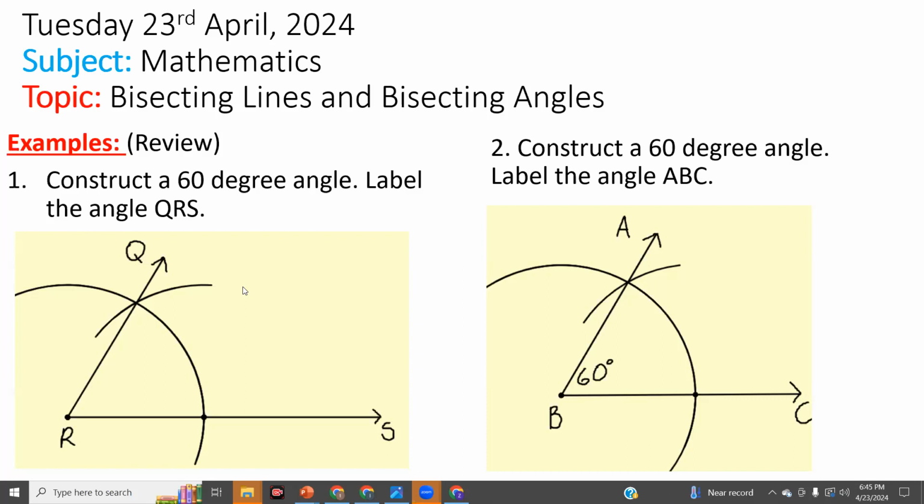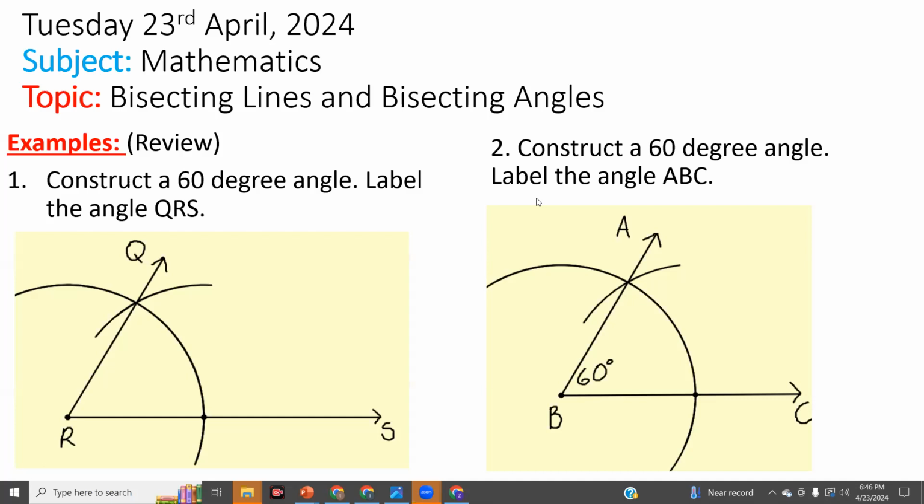Zara, where are your notes? I don't see your notes. Zara Hannah, where's Zara Hannah? Okay, you just sent them? Okay, good. Perfect. Okay, so this is how we draw a 60-degree angle.